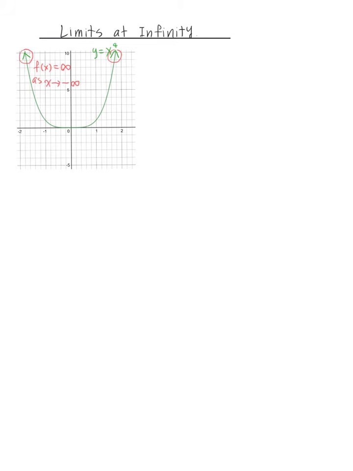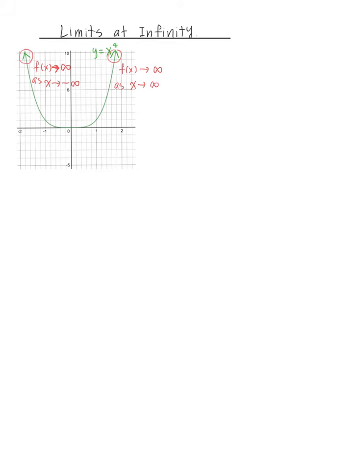So we write it as, sorry, not f of x equals infinity, I didn't mean to write that. F of x goes to infinity. That's an arrow right there. So f of x, our y value, tends to go to positive infinity as x goes to positive infinity. That would describe that tail end of the graph.